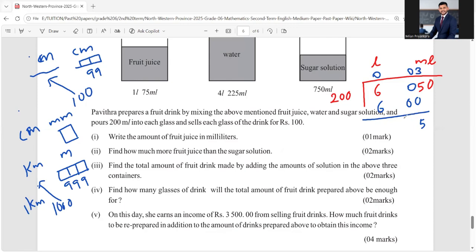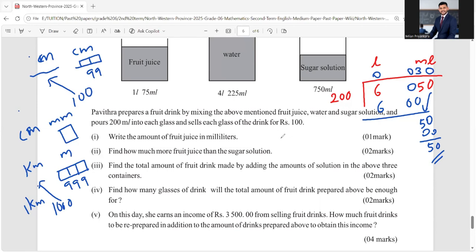For 5, you don't have any 200s. Then you take this 0, 50. For 50, you have 0 200s, right? 0 into 200 is 0. Your remainder will be 50, right? The 50 milliliters will remain. So you can easily understand that.